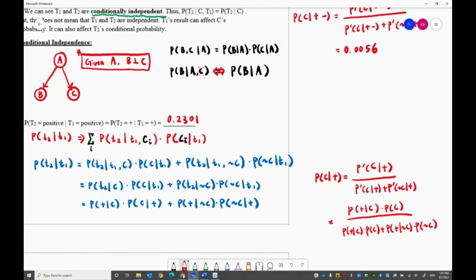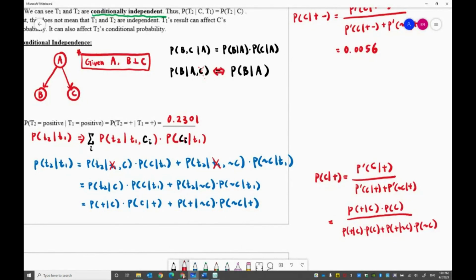So each one is C's values, Ci becomes positive C or negative C. Then, because tester 1 and tester 2 are conditionally independent, using the second form of the conditional independence rule, you can ignore tester 1. So I can rewrite it as tester 2 given C times C given tester 1, plus tester 2 given not C times not C given tester 1.